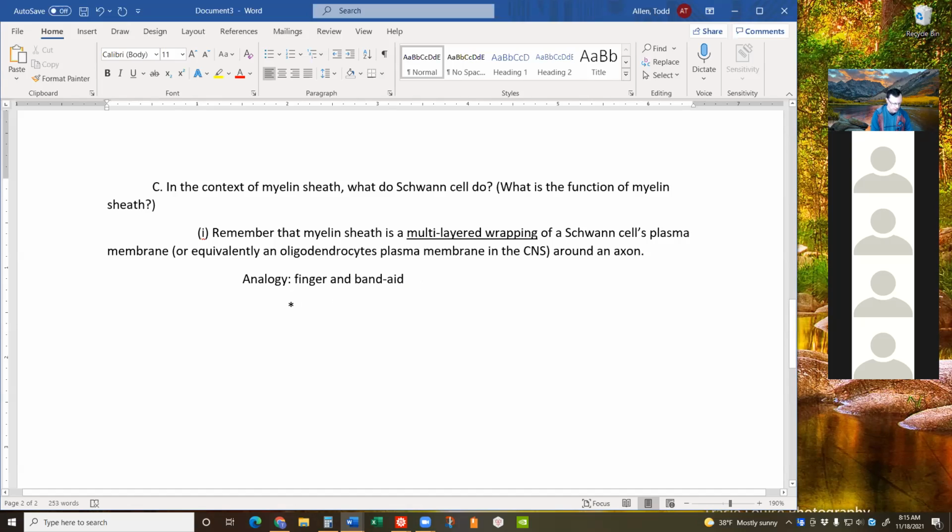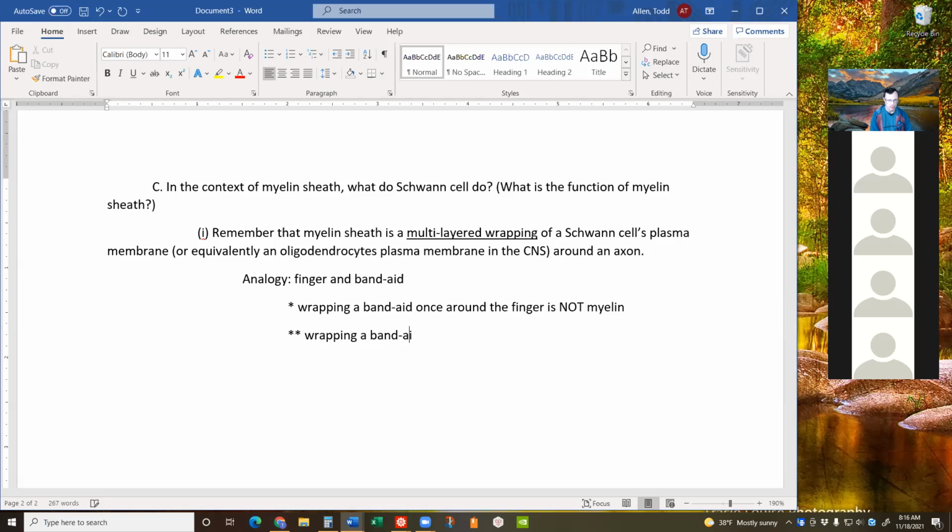So wrapping a Band-Aid once around the finger is not myelin. Wrapping a Band-Aid multiple times on top of itself around the finger is myelin.